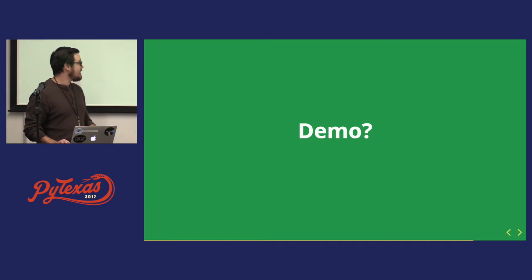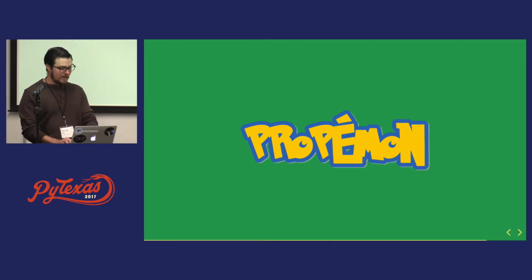Okay, so that's the more practical stuff. I just have a demo, I guess, we can try. It's not the most realistic example, but maybe it's fun. I'm calling it my hit game Propemon. So let's see if we can battle some monsters.